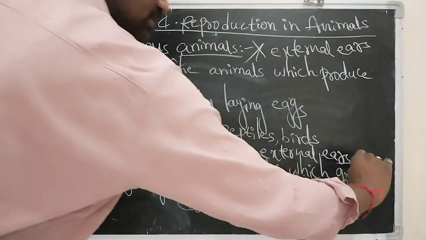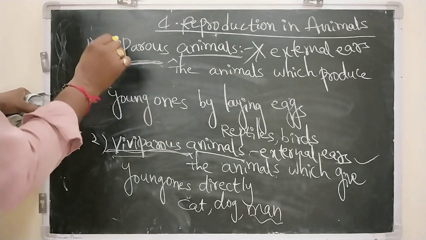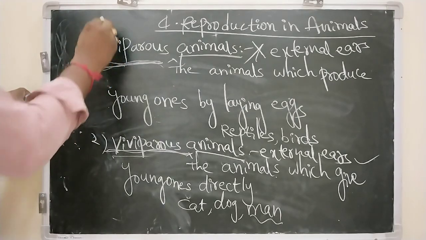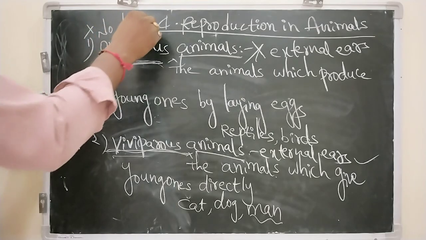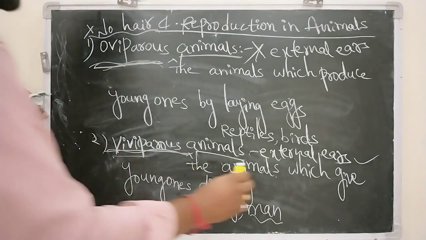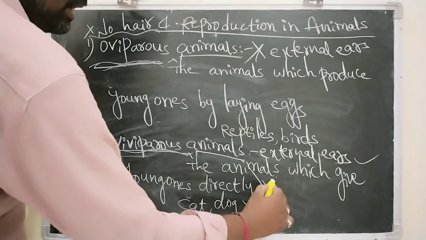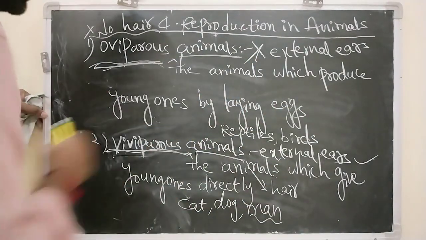And there is no hair on the body of oviparous animals. So epidermal or external hair is absent in oviparous animals, whereas on our skin there is hair. Hair is present on our body surface. So these are the differences.